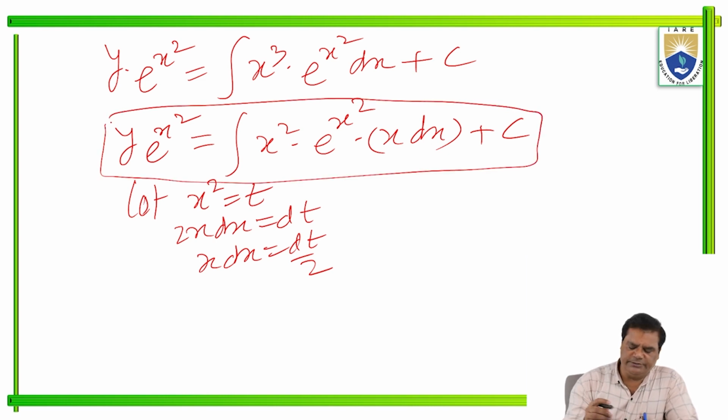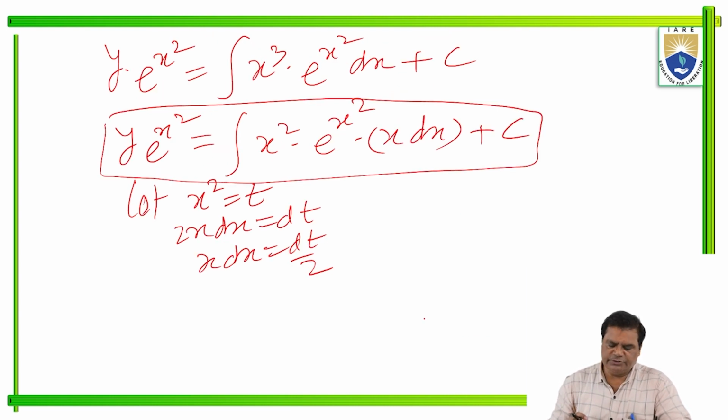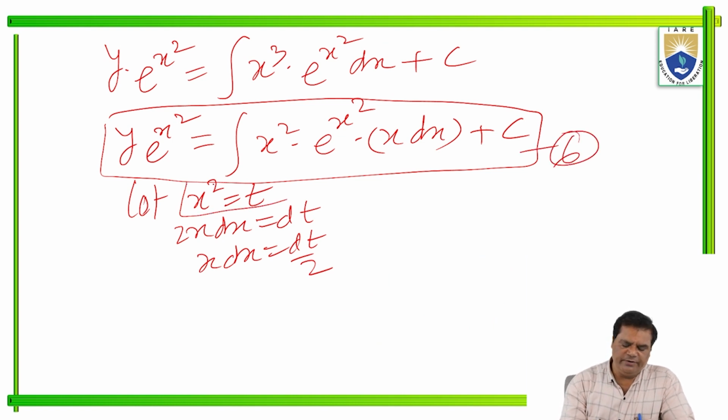This equation is 4, this is 5 and this equation is 6. Now this 7 and this 8.